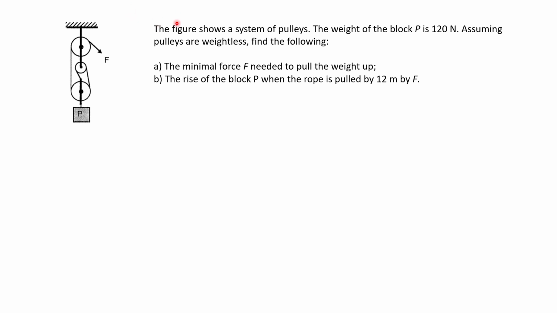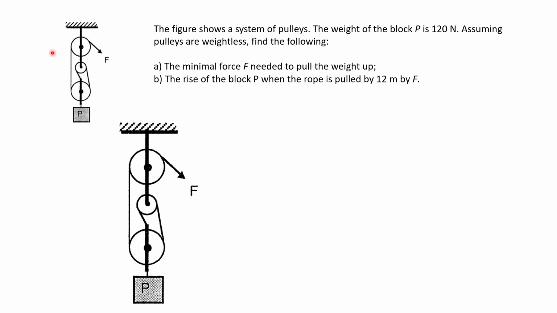Okay, let's get started by drawing this thing a bit larger. Now, if you look at the system, what do we have? We apply force F here. So what does this do? If we pull a rope by force F, the same tension force is transmitted along the rope down here. And this rope is connected here, so the same tension force is transmitted here.